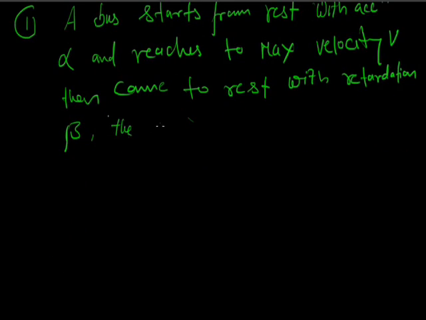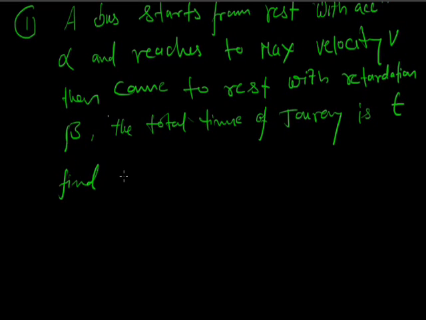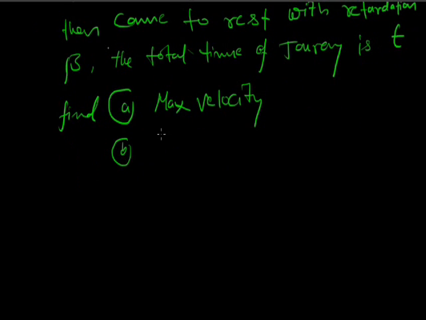The total time of journey is small t. Find (a) the maximum velocity and (b) the distance covered.